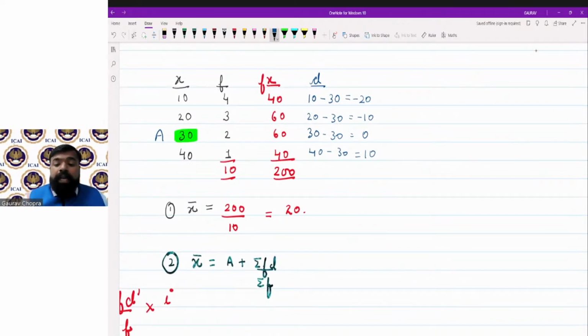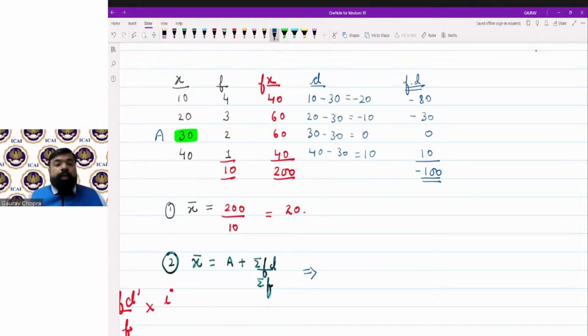Now, according to formula, what we require? F into D. So 4 into minus 20 is minus 80. Then 3 into minus 10 is minus 30. Then 0 and then 10. What is the total? Total is negative 100.